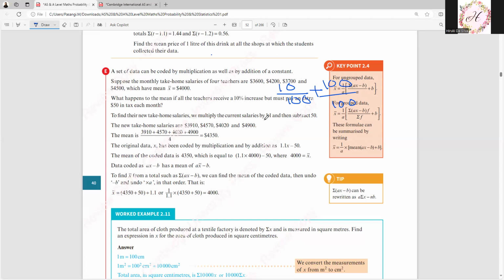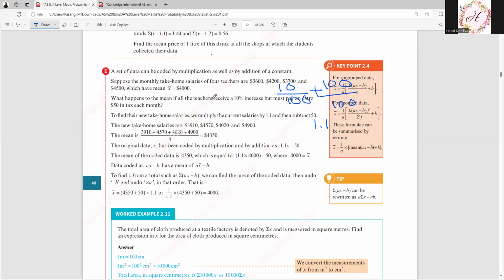So directly we can multiply by 1.1 to get the new current salary, and then subtract 50. Then the new take-home salaries are 3,910, 4,570, and so on. These are the new salaries.